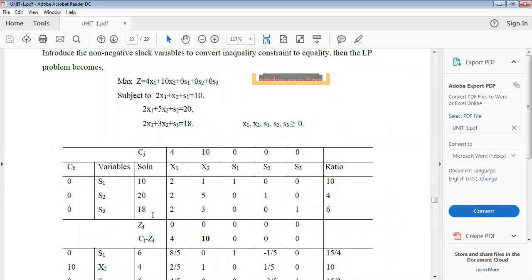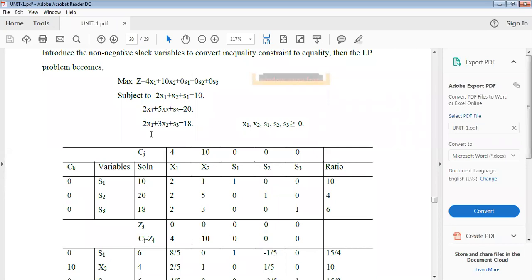Now you have to identify the Zj value: 0 into 2, 0 into 2, 0 into 2, similarly 0 into 1, 0 into 5, 0 into 3. Because all these are zeros, you will get Zj values as zeros. So Cj minus Zj is 4 minus 0, 10 minus 0, 0 minus 0, 0 minus 0, 0 minus 0. Finally Cj minus Zj is 4, 10, 0, 0.